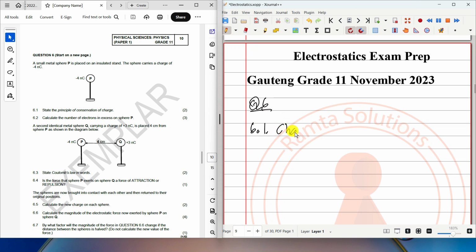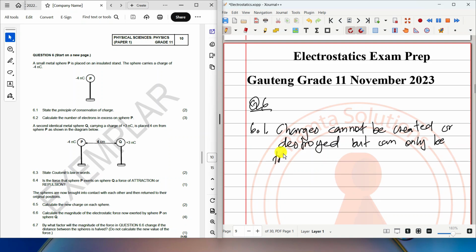Let's write it down: charge cannot be created or destroyed, but can only be transferred from one object to another.